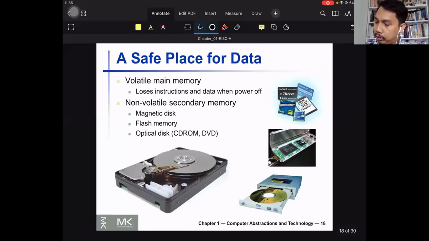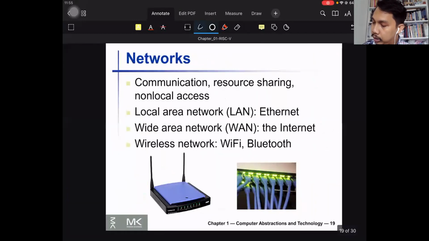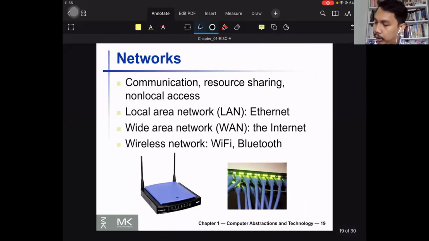Okay, so these are the different types of ROMs, and network devices. We have the router, the switches.